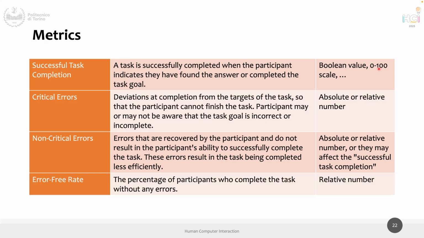Is this task complete or not? Well, if you use a Boolean value, you probably can say no, it's not complete, because the task was a room in Politecnico, yes, done. A room for 100 people, yes, done. A room tomorrow, and that's of course not done.